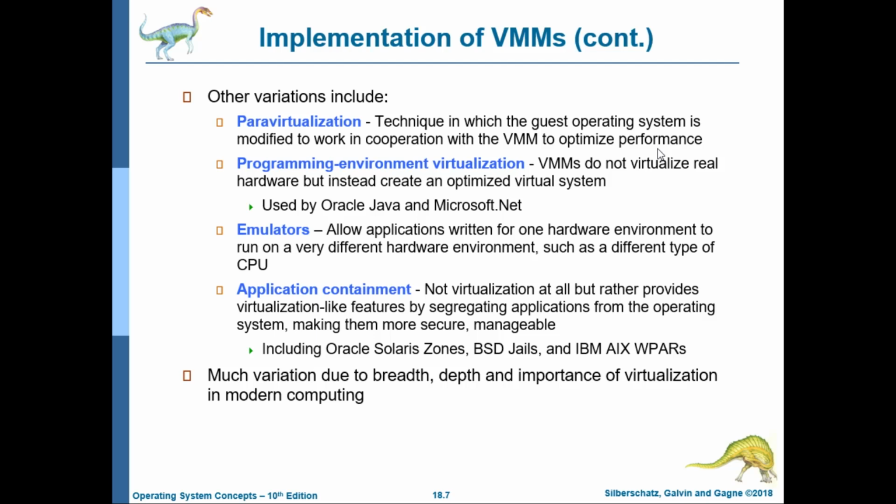And then another variation is the emulators. These allow applications written for one hardware environment to run on a very different hardware environment, such as a different type of CPU. As you can remember, I've already illustrated how an emulator works in our previous lessons. For example, if you have a PSP game, of course, a PSP game runs natively on the PlayStation Portable.